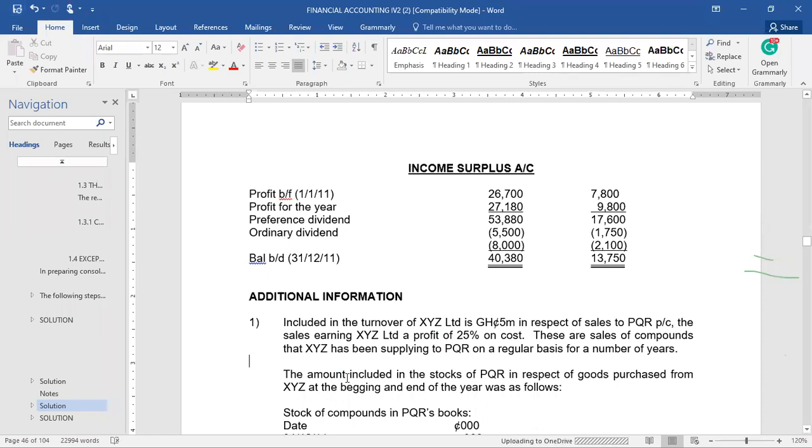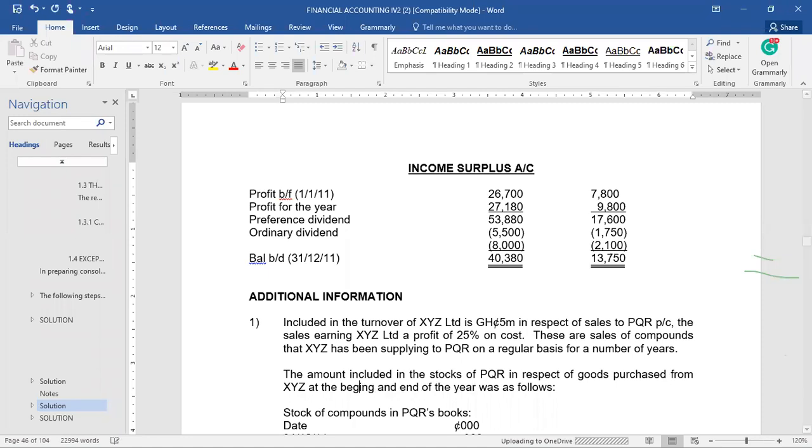This amount is included in the stock of PQR in respect of goods purchased from XYZ.